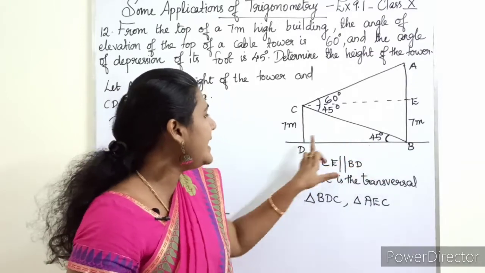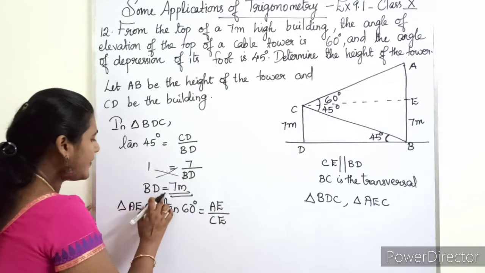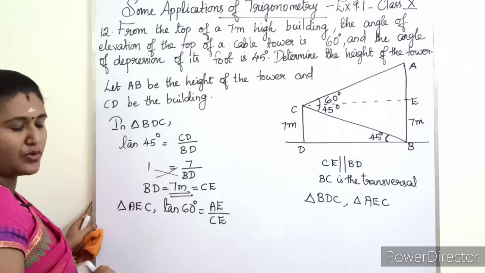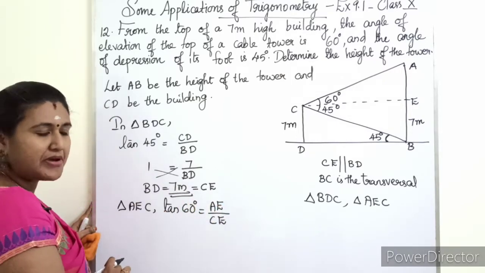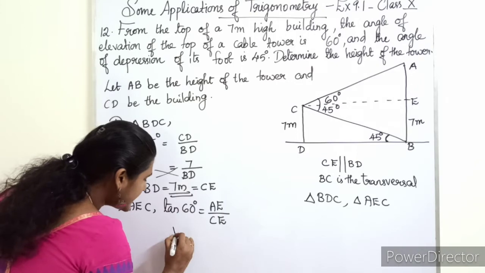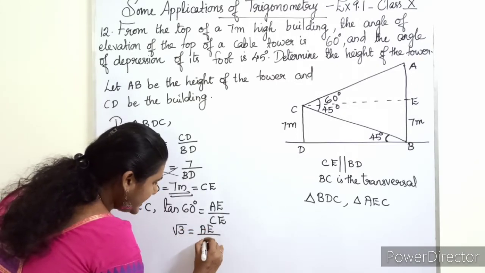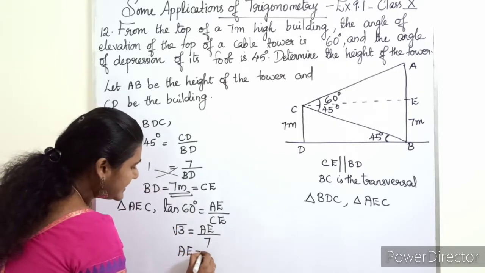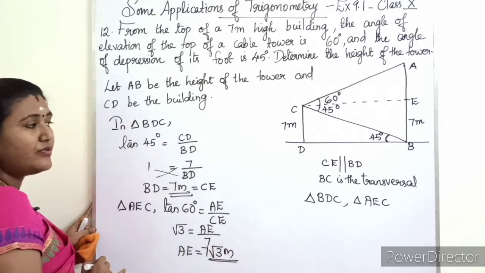BD and CE are the same. The value we got for BD is 7 meters, so CE is also 7 meters. So in CE's place we will substitute 7 meters. What is tan 60 degrees? Root 3. So root 3 is equal to AE by 7. Now if you cross multiply, you will get AE is equal to 7 root 3 meters. So we got the value of AE.